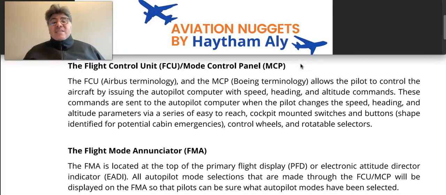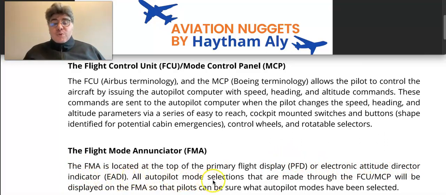The landing capabilities on the FMA, if we can make an auto land or a semi-auto land. The lateral and vertical guidance engaged and armed modes, and the auto thrust mode on the FMA. The flight mode annunciator, everybody, is located at the top of the primary flight display, Airbus terminology, or electronic attitude director indicator, Boeing terminology.